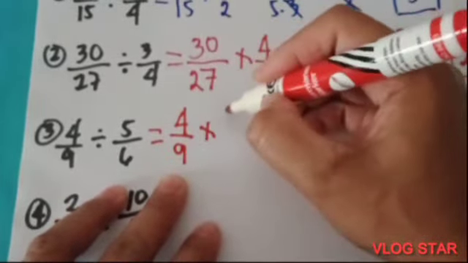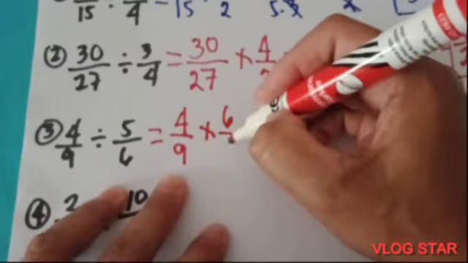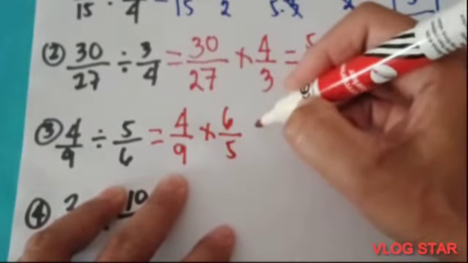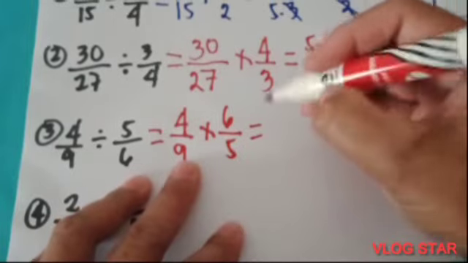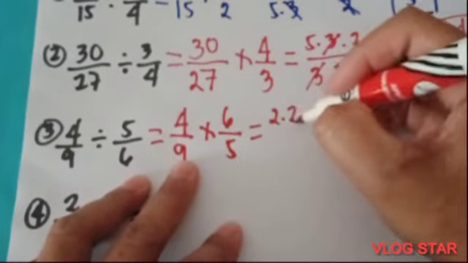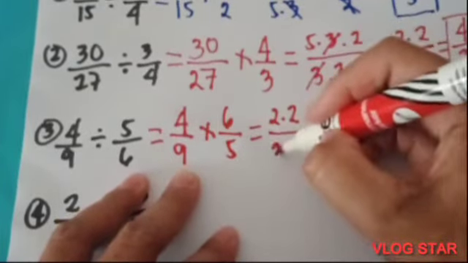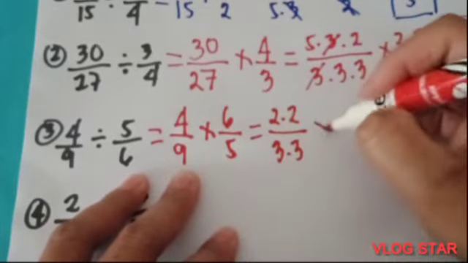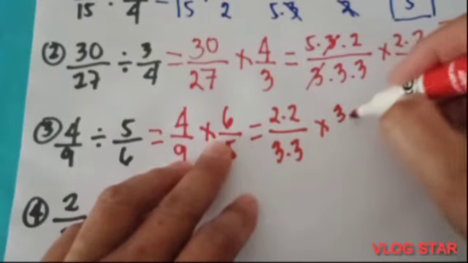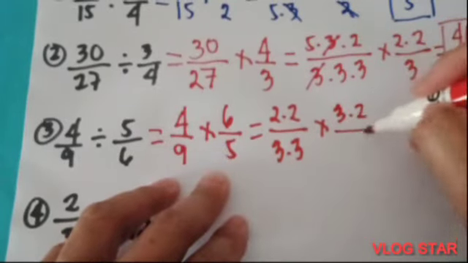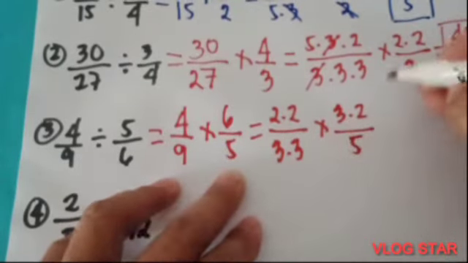I-times natin sa reciprocal ng 5/6 is 6/5. Tapos, i-factor natin si 4, 2 and 2. Yung 9 is 3 and 3. Times, yung 6, ang factor niya is 3, 2. Si 5 ay 5.